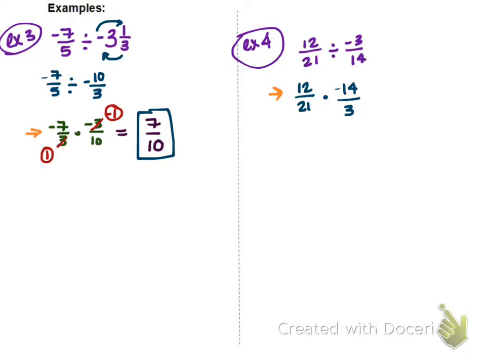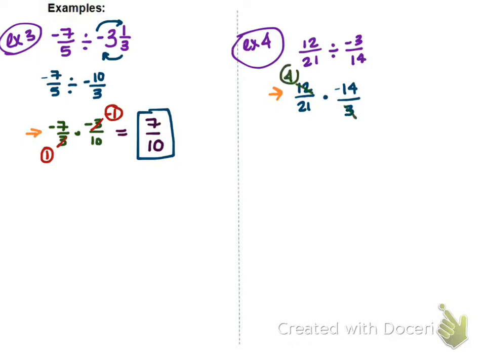At this stage, I can look to see what cross cancels, and luckily enough, we have a 12 and a 3 that can cancel, along with the 21 and the negative 14 have a common factor of 7. So let's take a look at this momentarily. So let's start with the 12 and the 3.